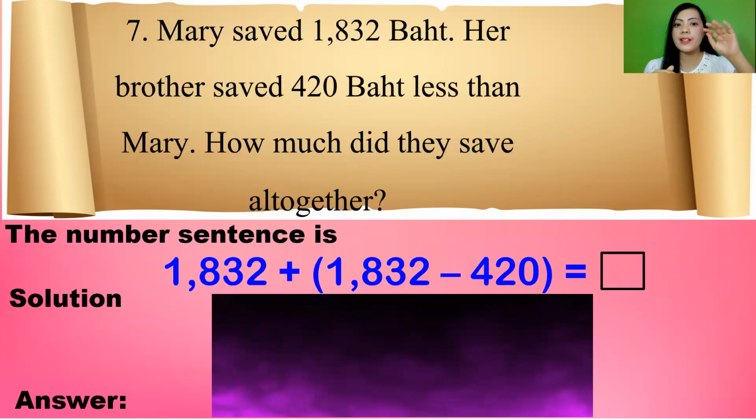So you need to add Mary's savings and her brother's savings, altogether. But before you can find the money of her brother, you need to solve first 1,832 minus 420, because it's less than. Okay? So her brother has less money than Mary.